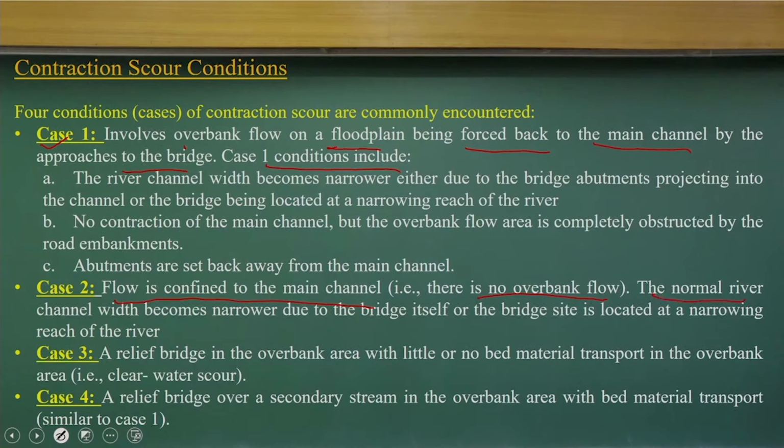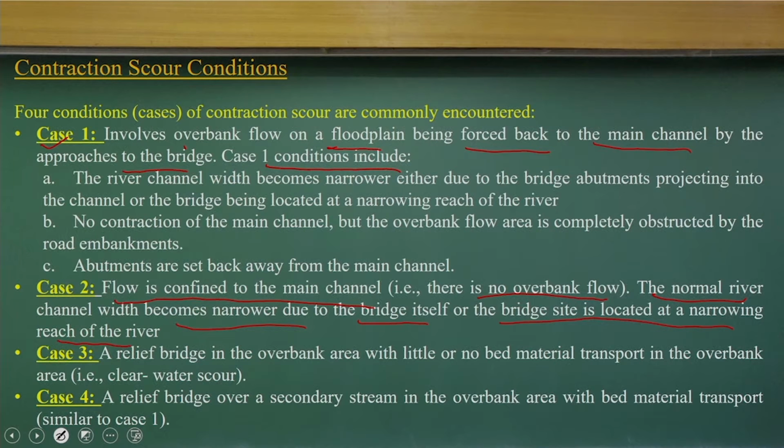So the normal river channel width becomes narrower than the bridge itself, or the bridge site is located at the narrowing reach. Most of the time we choose a bridge location at a narrowing part. That's what I discussed earlier. The cost of the bridge project is proportional to the length of the bridge.